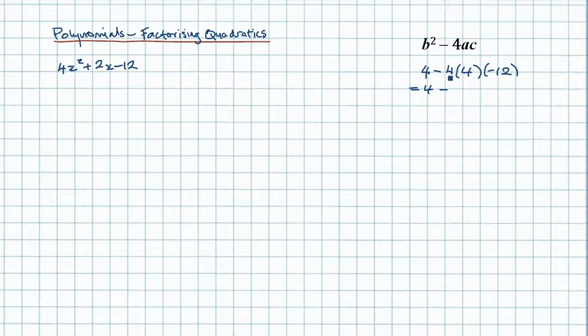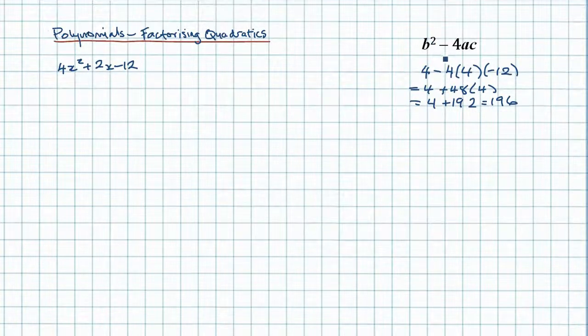Well, I'm going to just change this around a bit to make it easier so that we don't have to reach for a calculator or strain ourselves at all. So it's going to be minus 4 times minus 12 if I commute it. So that would be plus 48 times 4, which is going to be 4 plus 192, giving us 196.